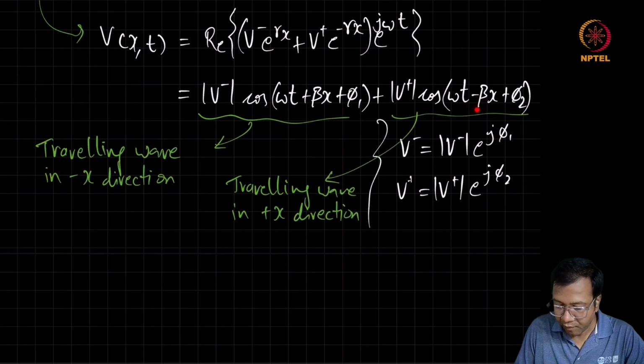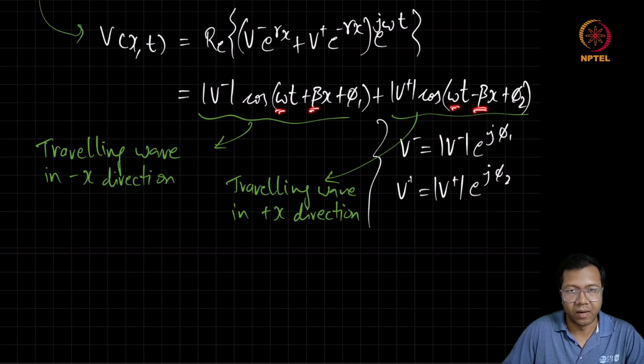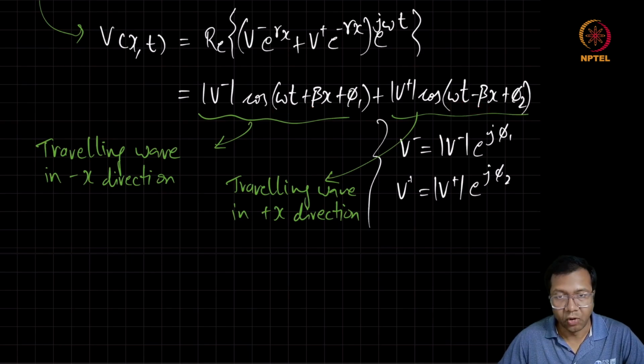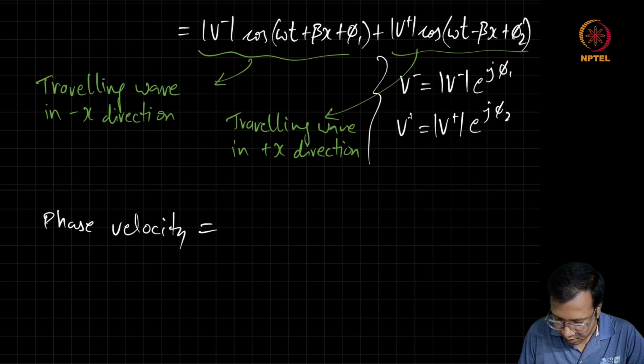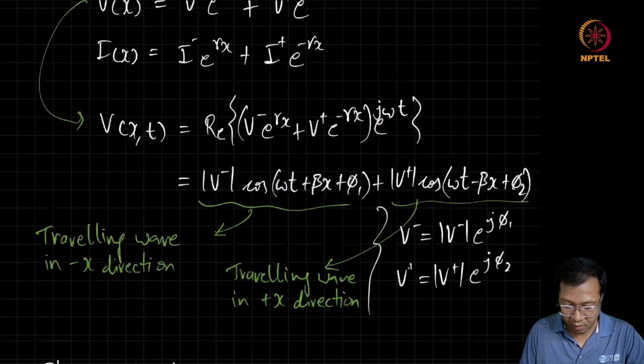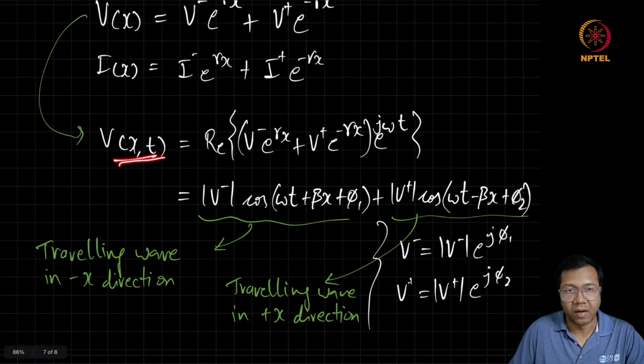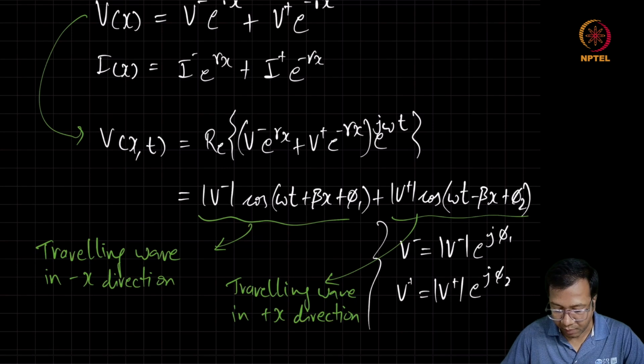For these traveling waves, beta and omega together decide the phase velocity. The phase velocity of these traveling waves is equal to omega by beta. So if you want to find the total voltage at any point along the line at any time t, it is the sum of these two traveling waves at that location along the line.